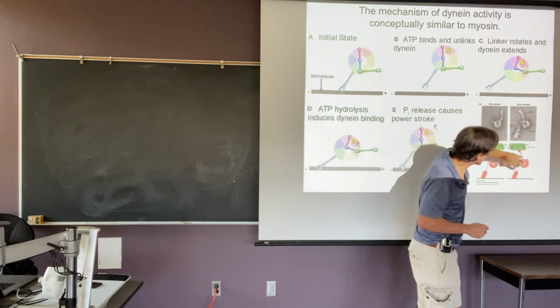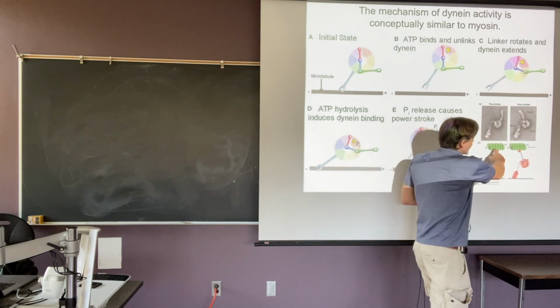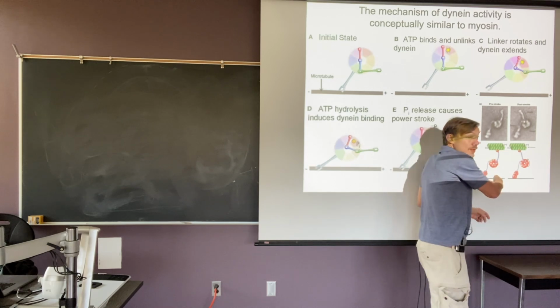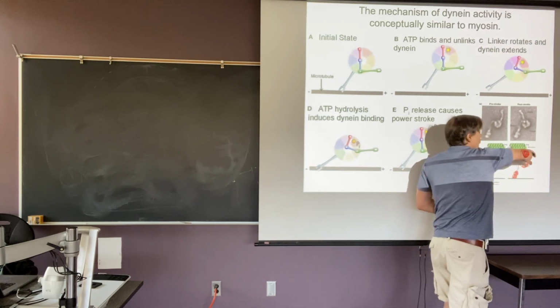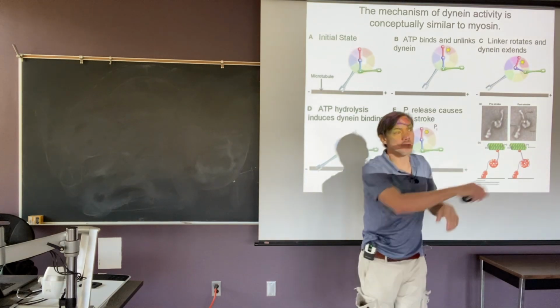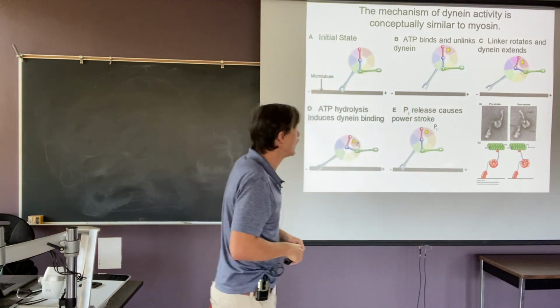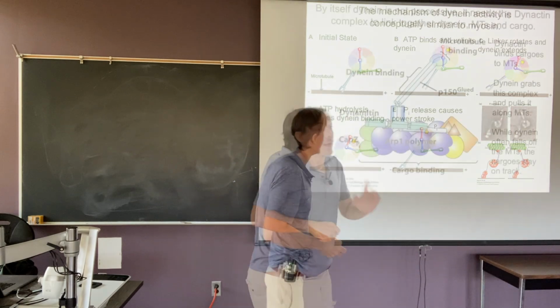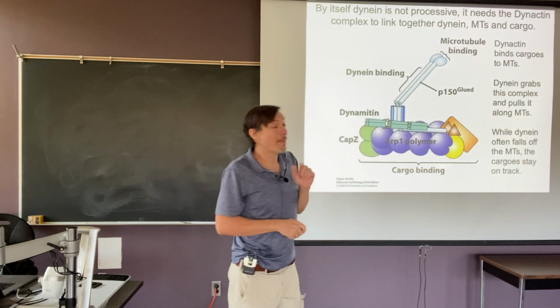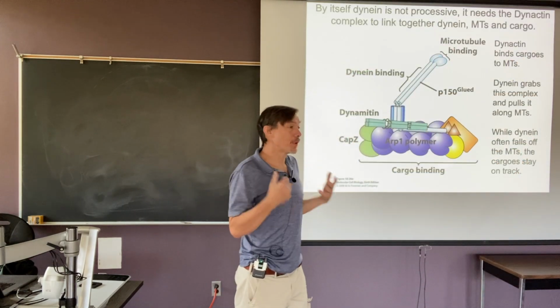It's a bit subtle, but can you see that this has a curve, and then during the power stroke, this donut-like structure rotates, and that's what's actually causing the microtubule binding domain to move forward. So dynein by itself is not processive.